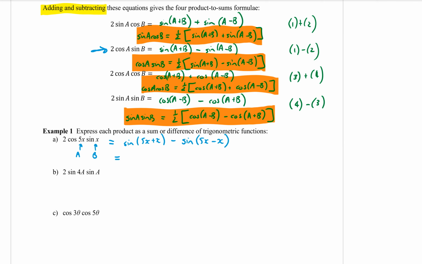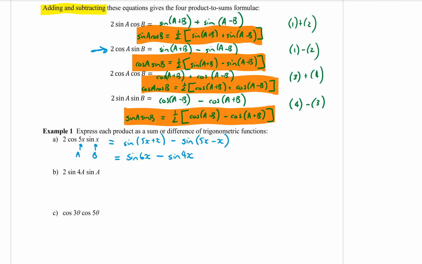We just want to collect those things up. 5x plus x is 6x, so it's sine 6x minus, 5x minus x is 4x, so sine of 4x. And that's it. It's just practice using the formula at the moment.